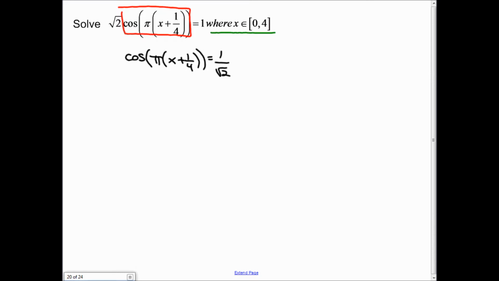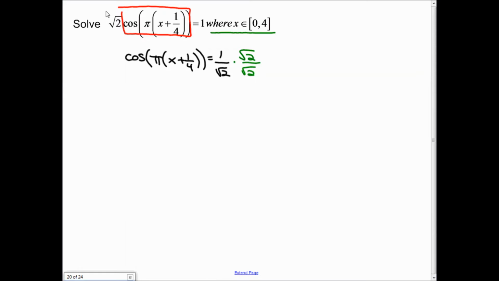Okay, now if we start looking for values of angles that give us 1 over square root 2 on our unit circle, we might not find it because it's given to us in a different way of representation. So we start by rationalizing the denominator, and to do that we'll multiply by the square root of 2 over the square root of 2 to get rid of the root 2 in the bottom.